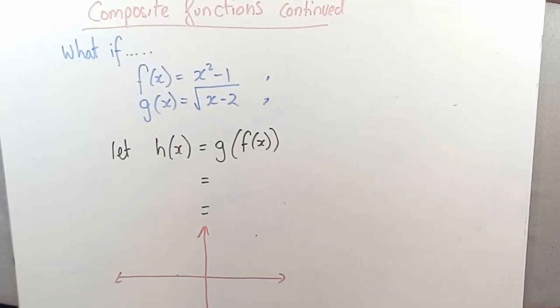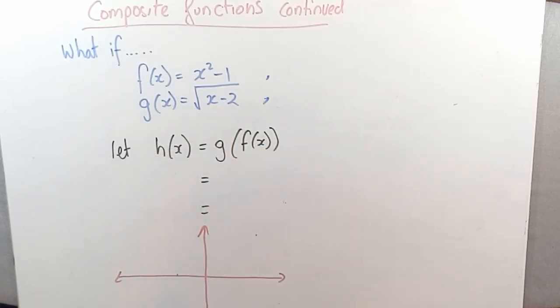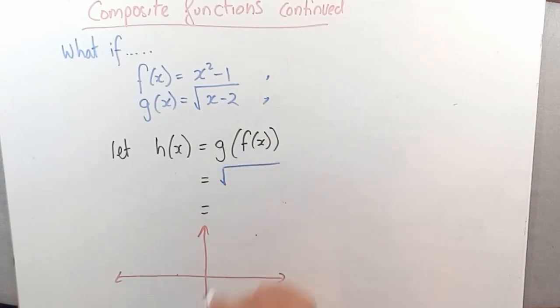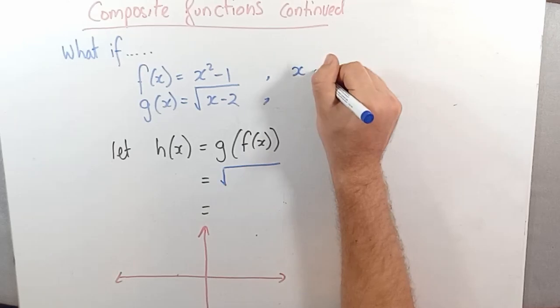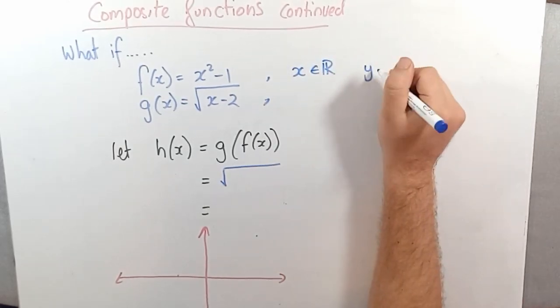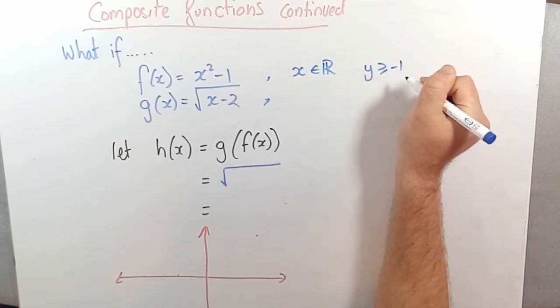Let's have a look at what happens here. So what if, just a small change, I've changed this g of x to x minus 2 instead of x plus 2. That's the only difference I've made. Now we're going to look at g of f of x. Let's do the domain and range. So x is an element of R, and y is greater than or equal to -1.